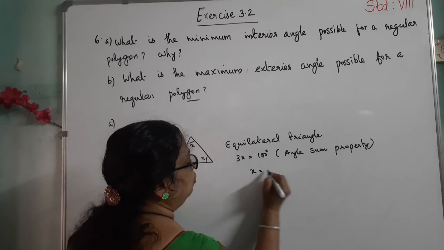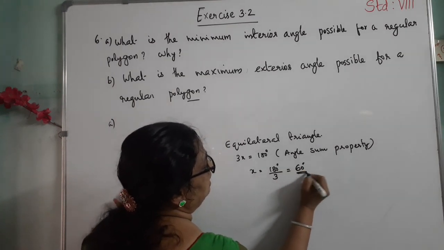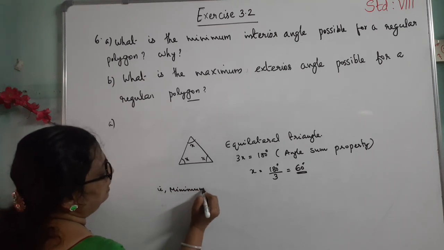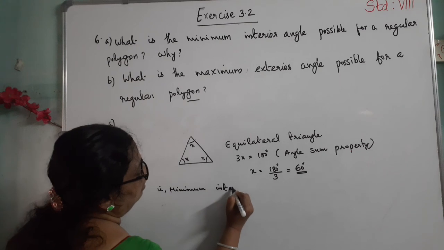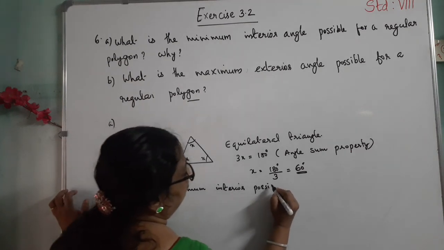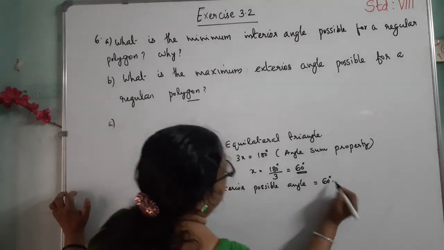So x equals 180 degrees divided by 3, which is 60 degrees. That is the minimum interior angle possible, 60 degrees.